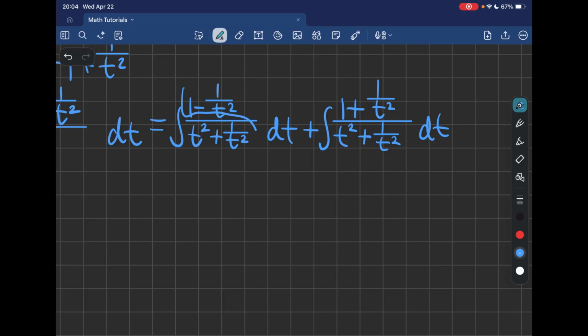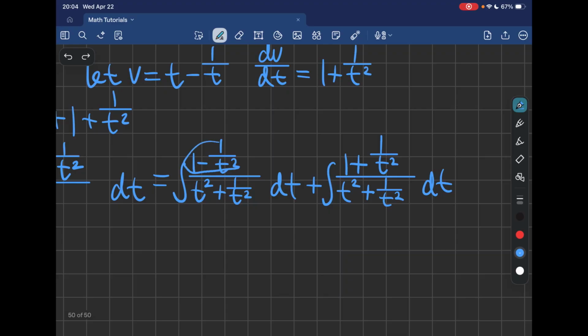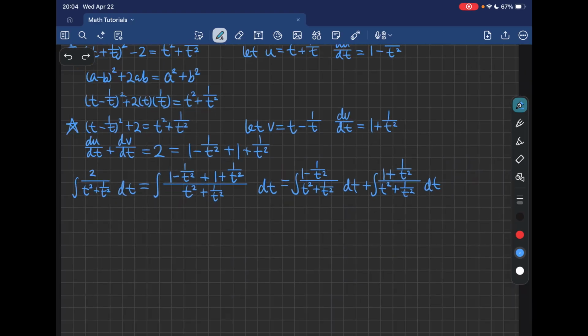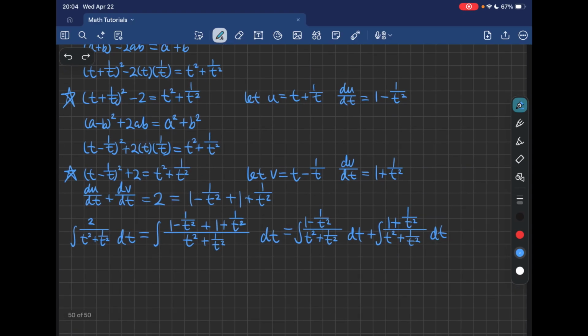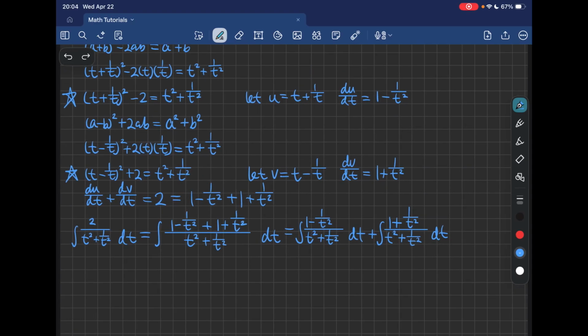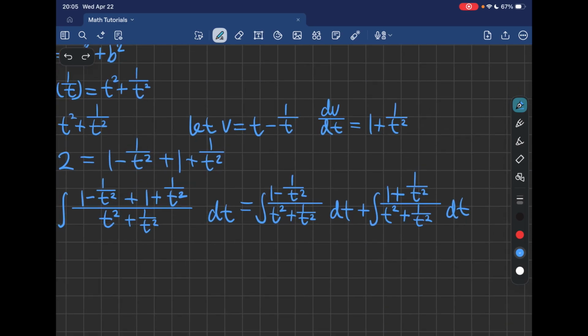So notice that this part equals du, because this one is du over dt, that's dt, so we have du left. And here, the denominator can be replaced because the denominator equals this thing, so if we substitute u in there, it equals u squared minus 2. And we can substitute the same thing with dv and v for this integral.